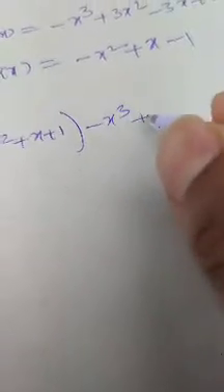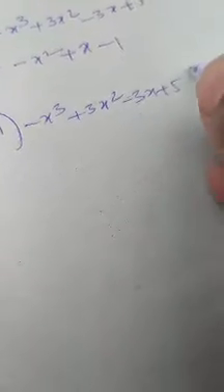Now divide it. Minus x square plus x plus 1 is the divisor. Minus x cube plus 3x square minus 3x plus 5 is the dividend. So how to get the first term? First term in the numerator, first term in the divisor is in the denominator. Okay. Minus minus cancel.